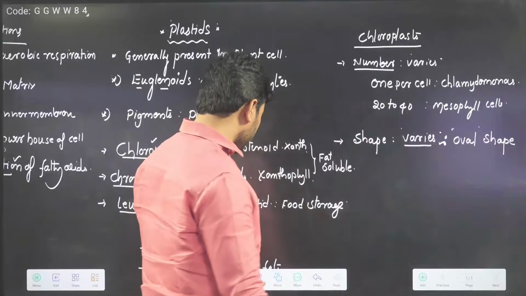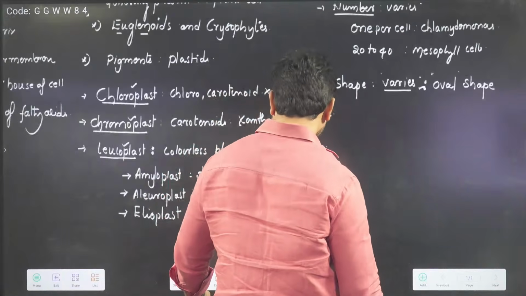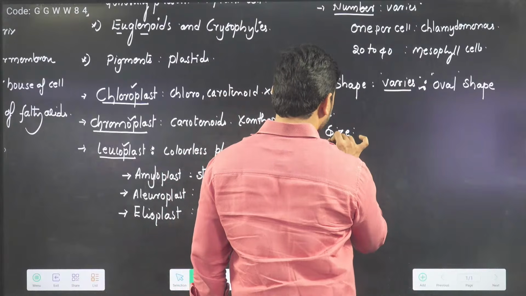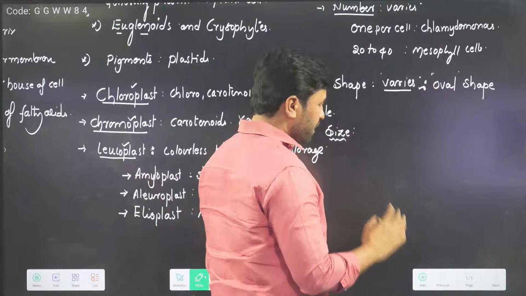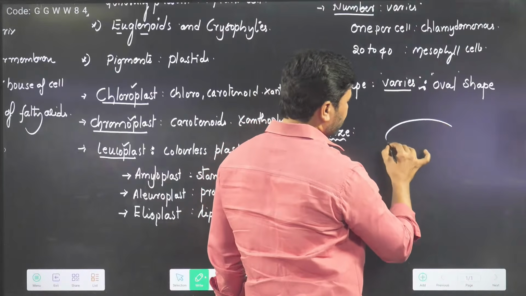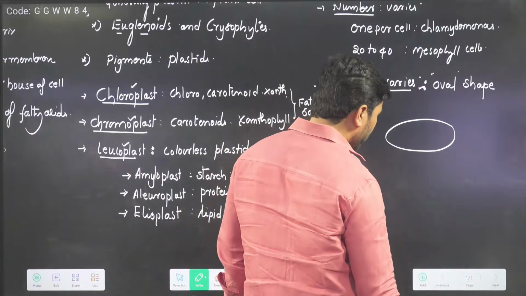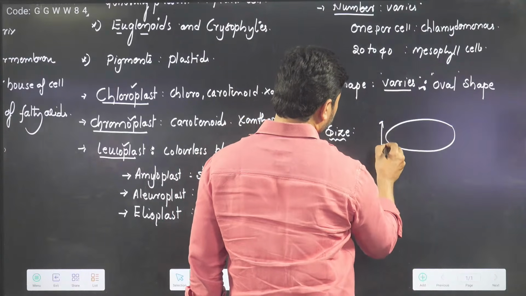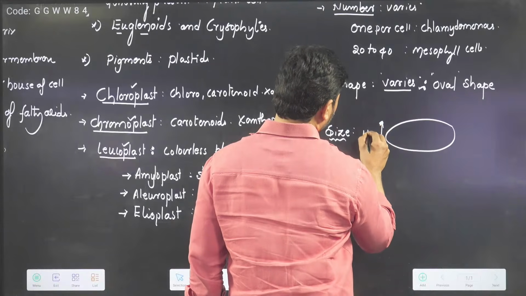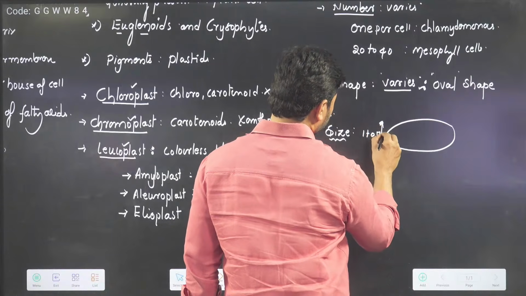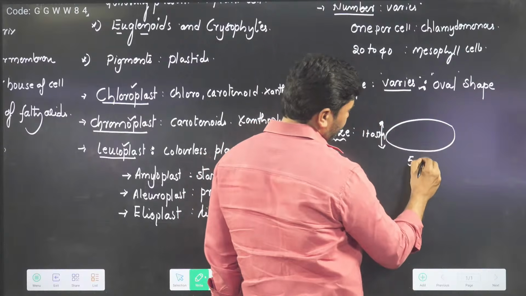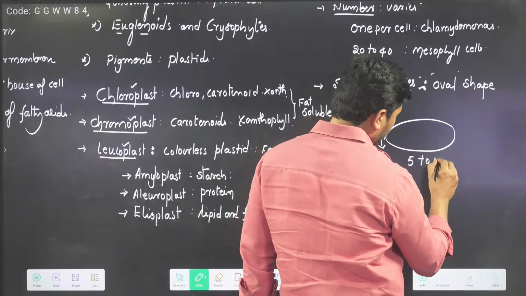Next one, size. The size greatly varies. In an oval shaped body, the width would be 1 to 5 micrometers and the length will be 5 to 10 micrometers.